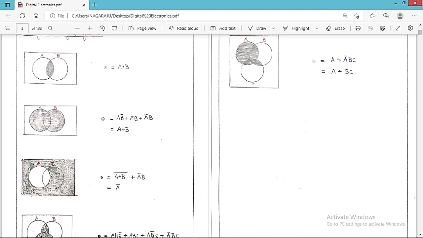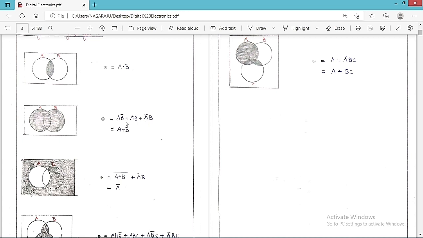This area is called A dot B bar. And this is A into B, and this here is B into A bar. So B into A bar is this area. If we add each and every part, we are going to get the total. Therefore, just addition: A dot B bar plus A into B plus A bar dot B.